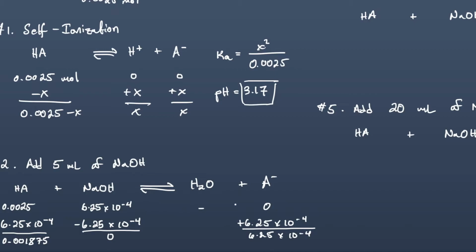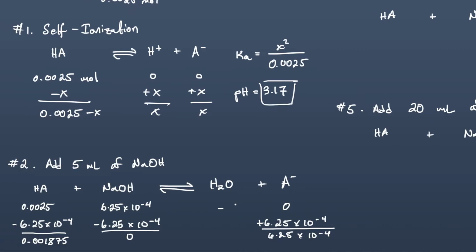The Henderson-Hasselbalch equation, if you don't know already, is that the pH is equal to our pKa plus the log of this amount over this amount. You could punch that in your calculator, and I'll just put the answer down, which is 3.27.